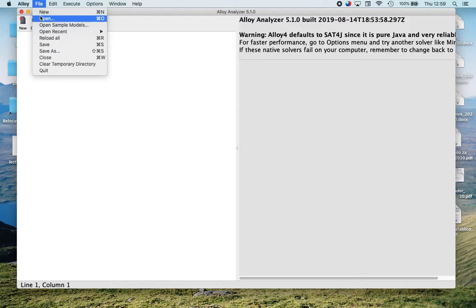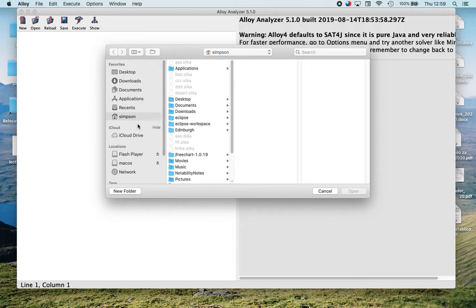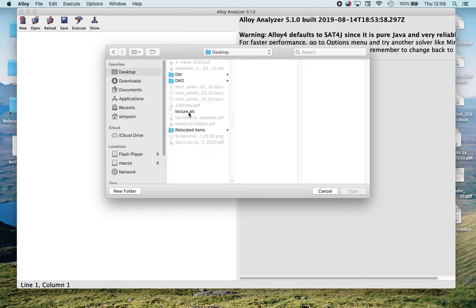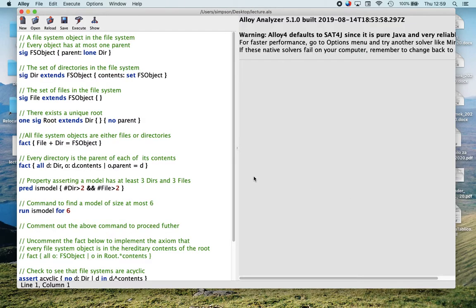So I want to open from desktop the lecture theory, and here we are. And here we basically have the axiomatization together with the commands we want the analyzer to execute.